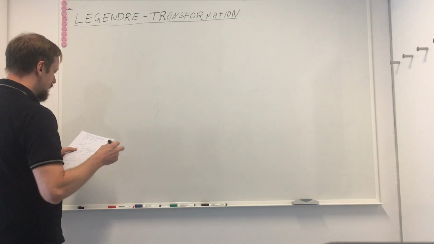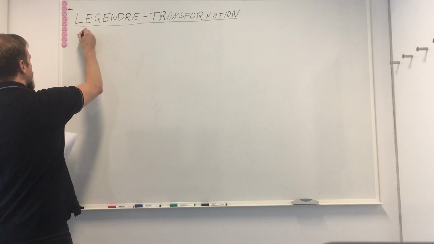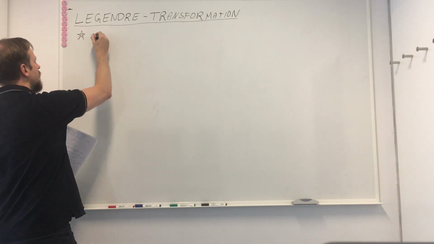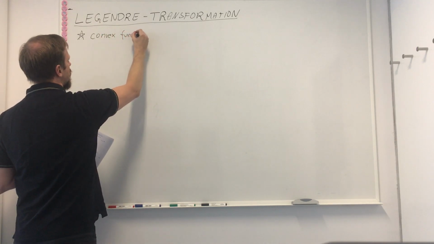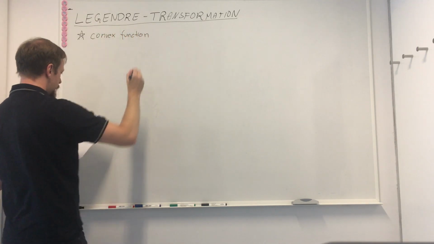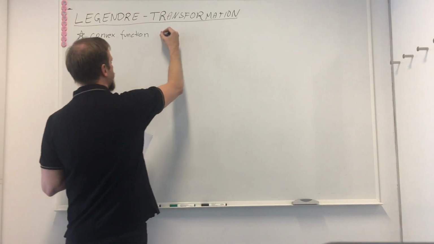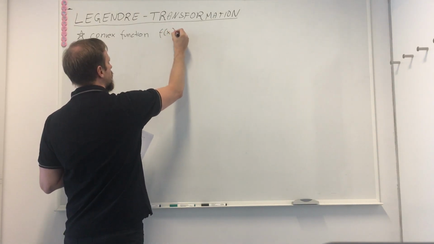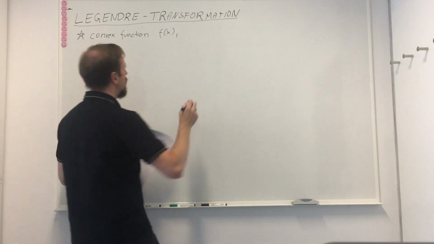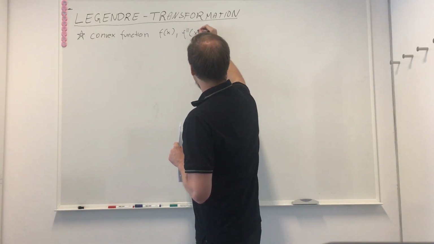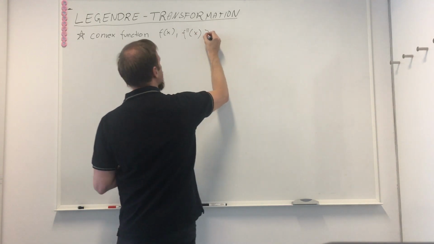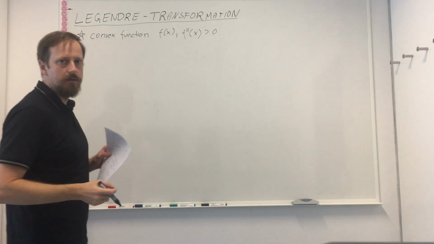First, let's say we have a convex function, which we call f of x, and since it is convex, f double prime of x is greater than 0 for all x.